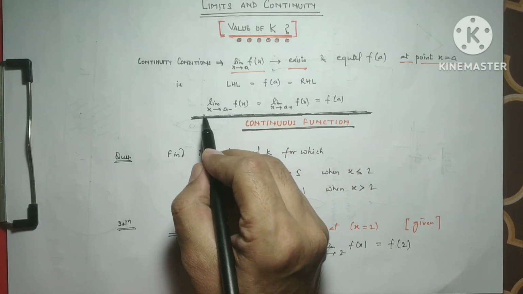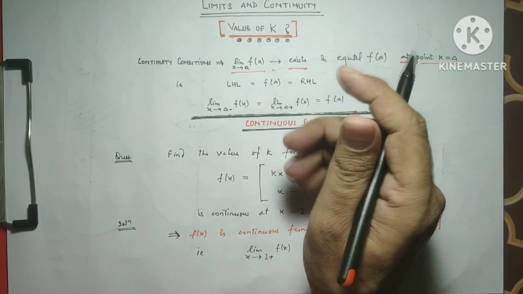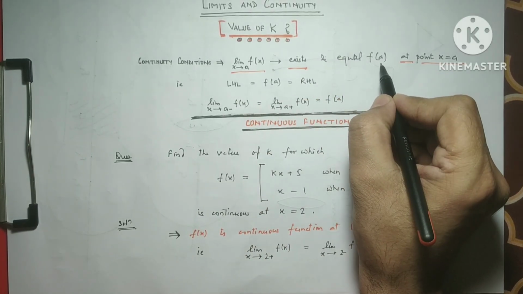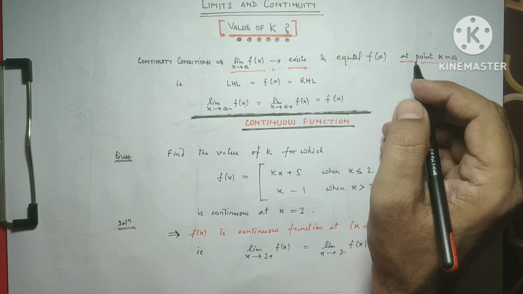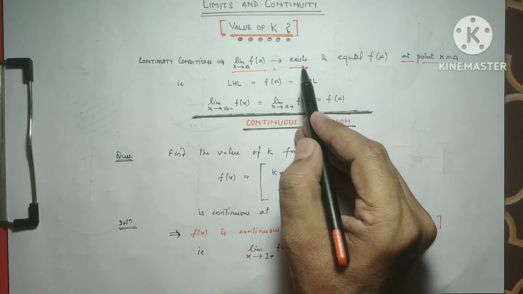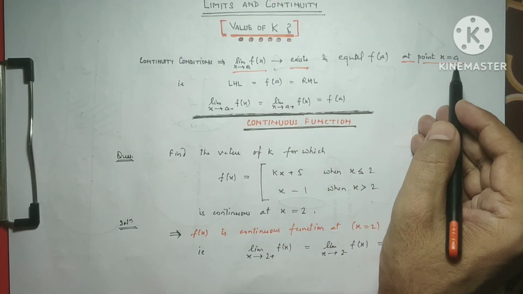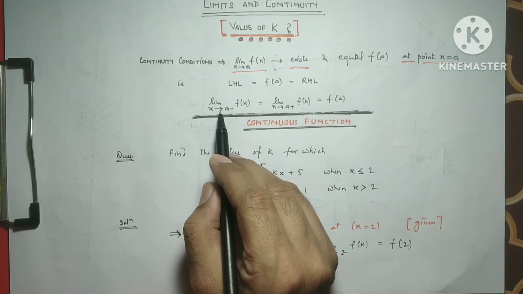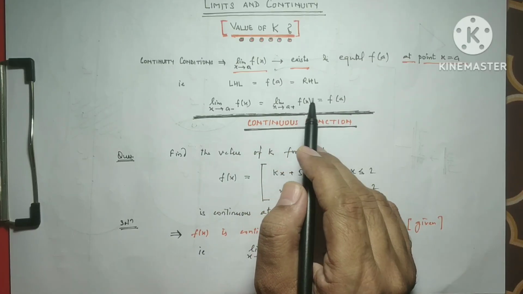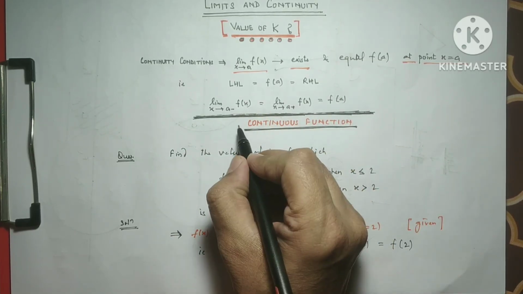If this limit is existing, this function has a unique and definite value, and its result is f(a). If the function is well defined at this point and it has these three values, right hand limit, left hand limit, and value at the point, and all are equal, then our function is continuous.